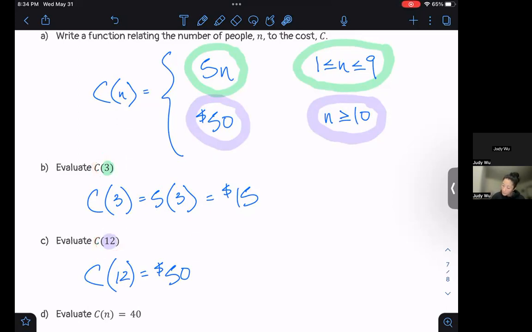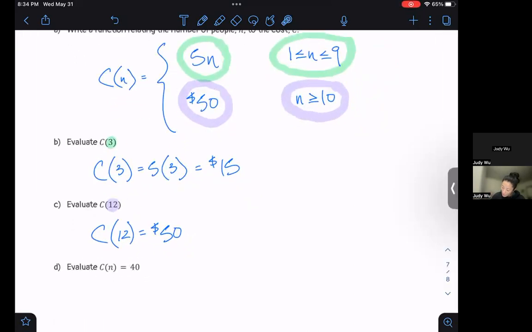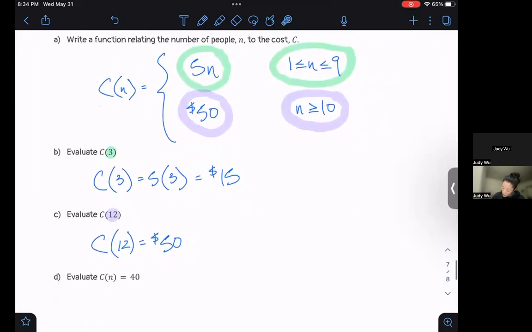Okay, all right, last but not least, we are going to evaluate C of n equals 40. Okay, so in other words, 40 is equal to one of these 2 functions. Now, I think we can reason they didn't have more than 10 people.